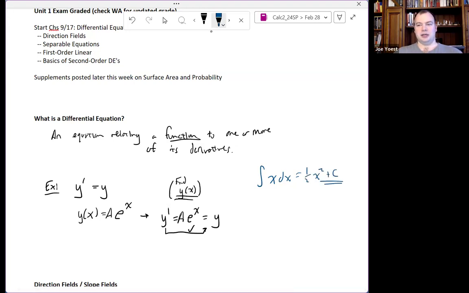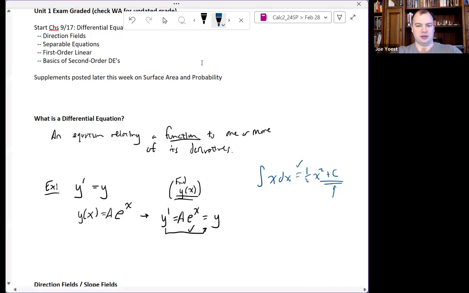In other words, there is a family of functions parameterized by this constant c that represent this integral, that represent this antiderivative. So 1/2 x squared plus 0, 1/2 x squared plus 1, 1/2 x squared minus 100 are all solutions in some sense to this problem.